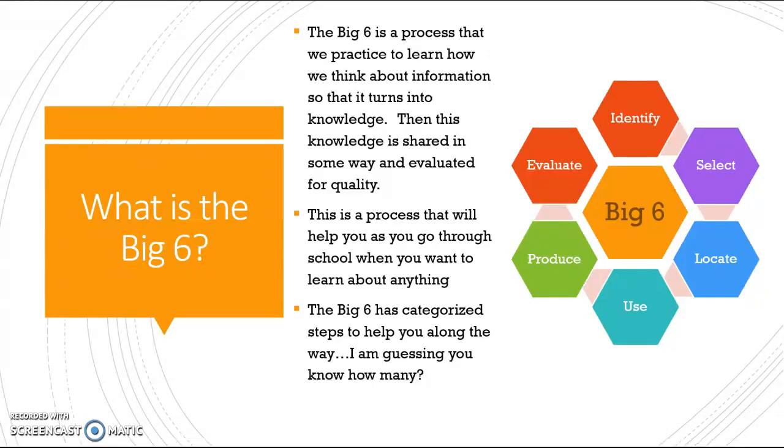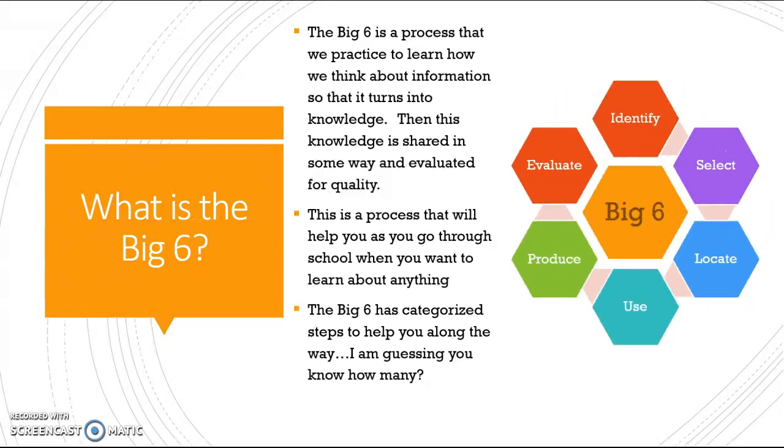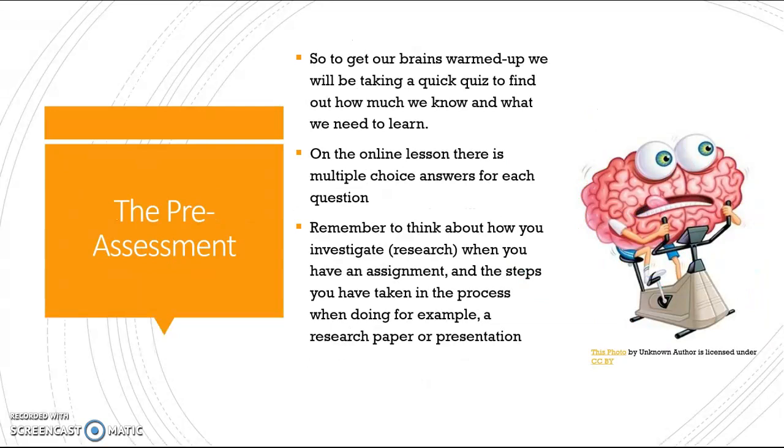It's how we use it and evaluate it. So this process is a problem-solving process, a thinking process as well. We have category steps in the Big Six, and I'm guessing you know how many? Well, there are 6. So that's the easy part to remember.